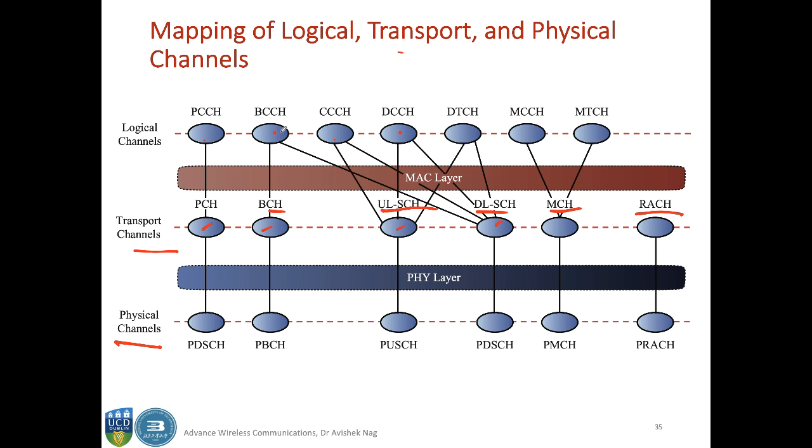Then you have this mapping between the different channels based on what these channels are communicating. These are abstract concepts, so don't confuse the term channel here with the actual concept of channel that you have learned so far. In wireless and digital communication, a channel is the one that stays between the transmitter and the receiver.